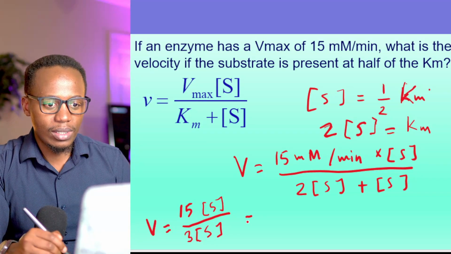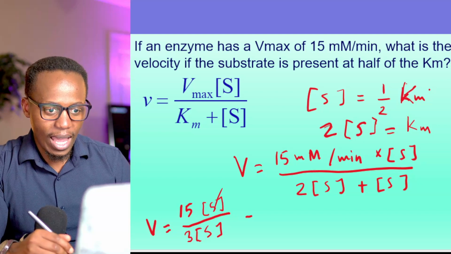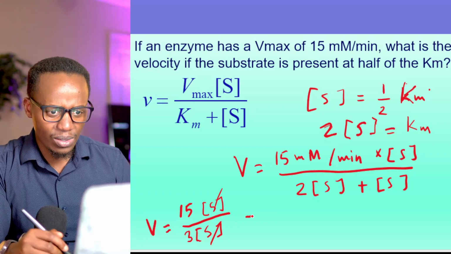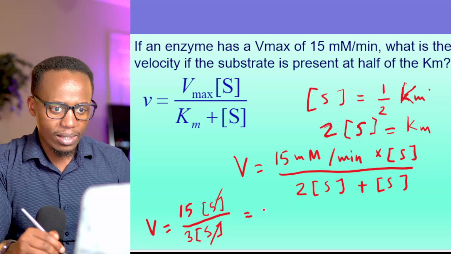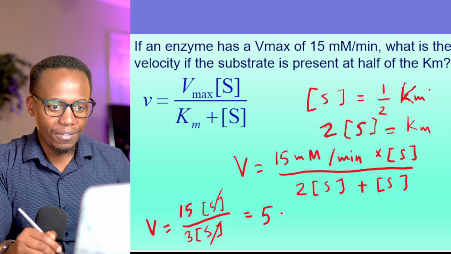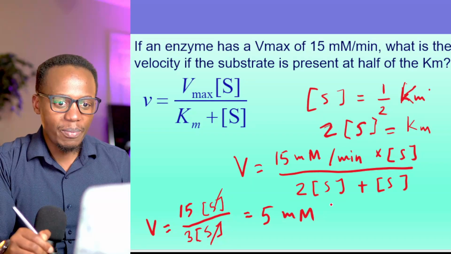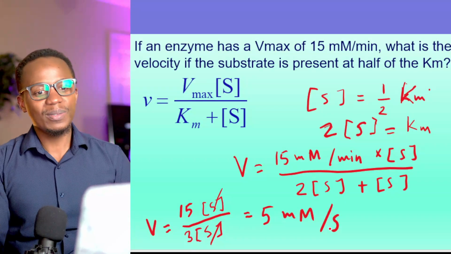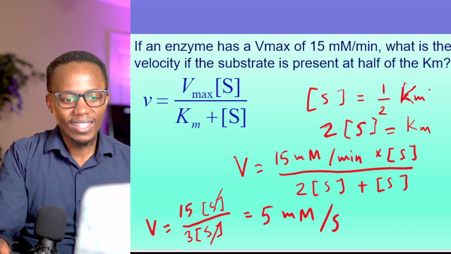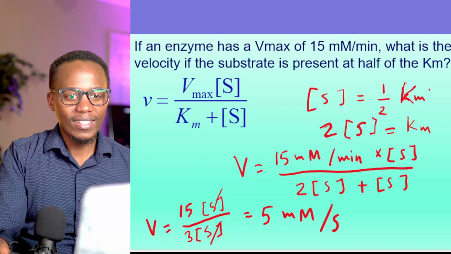So the S's are going to cancel, and we're just gonna be left with 5 millimolar per second. Does that make sense?